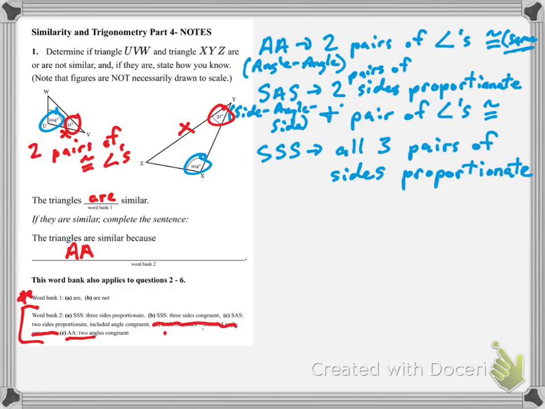That will not be an option. Also, B says SSS, three sides congruent. That is not what we're looking for. So it's either going to be A, C, or E, the first, third, or fifth options.